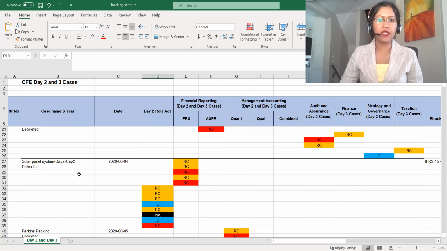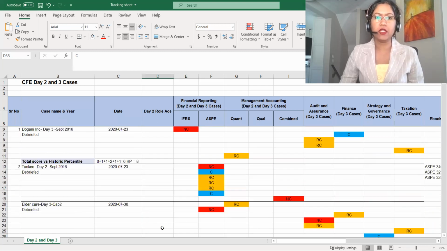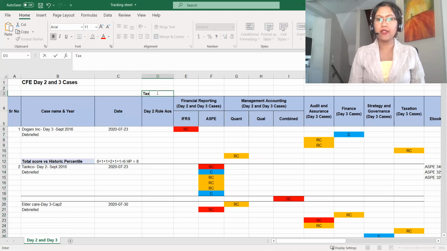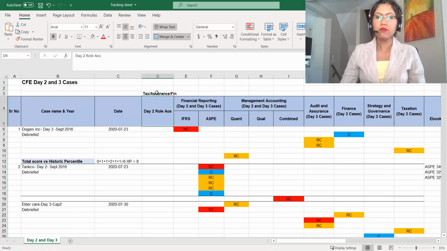Wherever there is a Day 2 case, there would be an assurance AOs for which the marks would be written here. So in this column, what we are tracking is your role specific AOs. If your role is tax, it could be what you got in your tax AOs, or for your assurance, or for your finance, or whatever. So that is your first column.